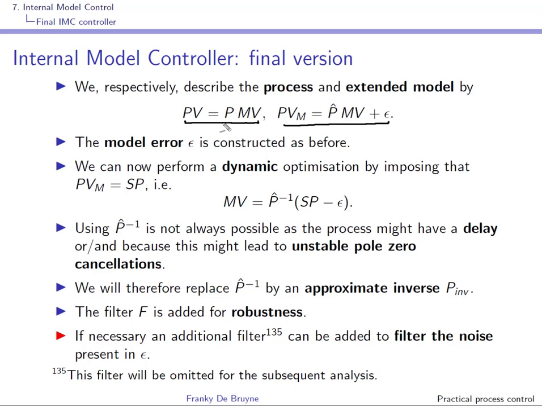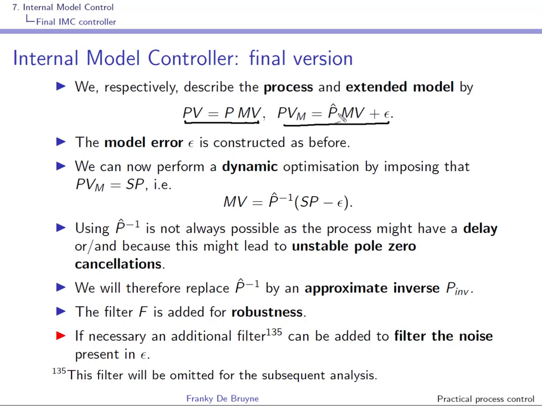Here P now is a transfer function. So we take the dynamics into account, and this is our model. Since our model is inexact and since we have disturbances, we add epsilon, and this model error is constructed as before. The idea of optimization is the same as well, but now we do dynamic optimization. Previously we were only using the static model.